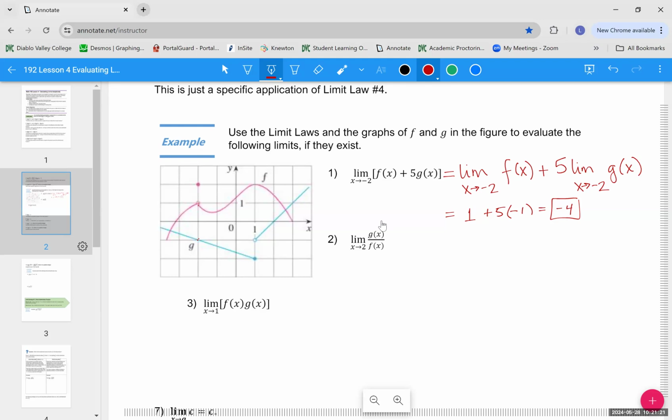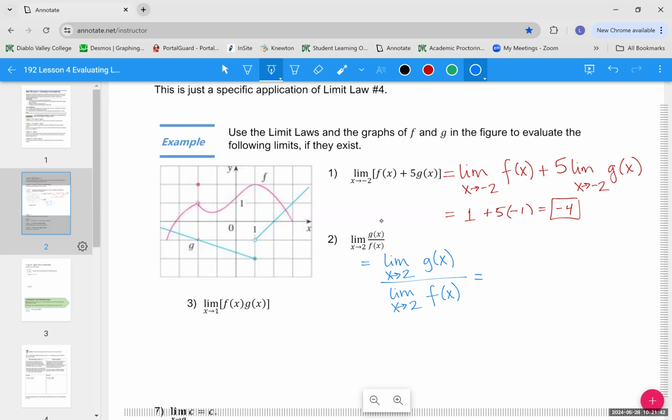All right, second one is giving me the limit of a quotient. So assuming these limits exist, we should be able to break that up into the limit of the top over the limit of the bottom. I'm going to check the bottom first to make sure that that one's not 0.